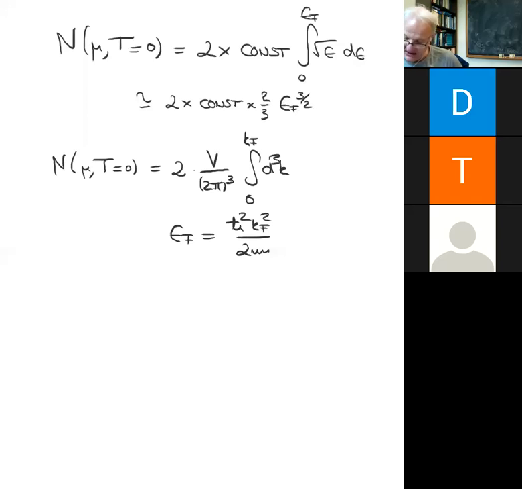So this k_F has a name, by the way, it's called the Fermi wave vector. And if you remember your quantum mechanics, then you know that ħk is a momentum. So you can define a Fermi momentum, which is just ħ times k_F.